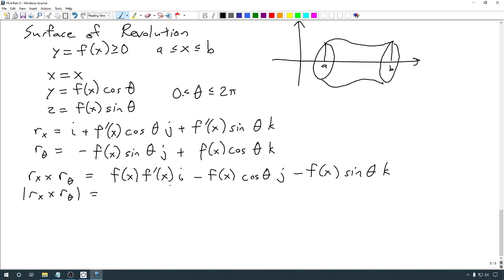That won't actually work for the sine of x that we looked at in the last video, but it would work at least from 0 to pi, something like that. But we end up being able to pull out f of x, and then everything else, because we'll have a cosine squared plus a sine squared, which will turn into a 1, and then we have the f prime squared.